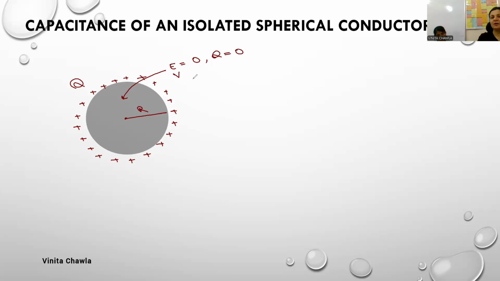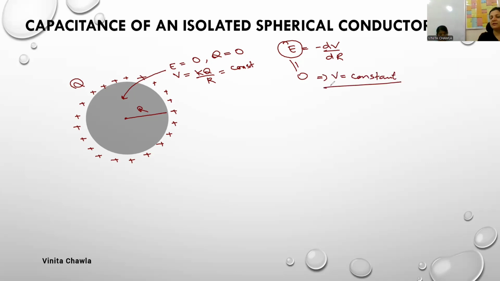But inside the conductor, electric potential is KQ by R. See, it is a constant here, because E is minus dV by dr. So if the electric field intensity is 0, when we do differentiation, the differential of a constant is 0, right? This implies V is a constant. So electric potential is constant inside the conductor.